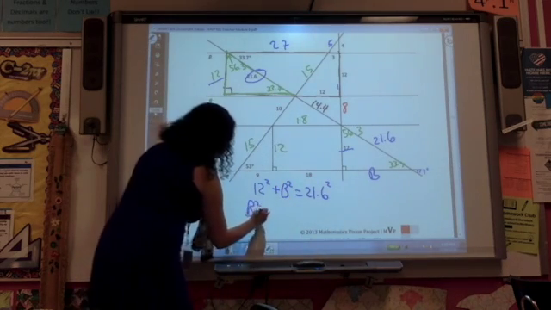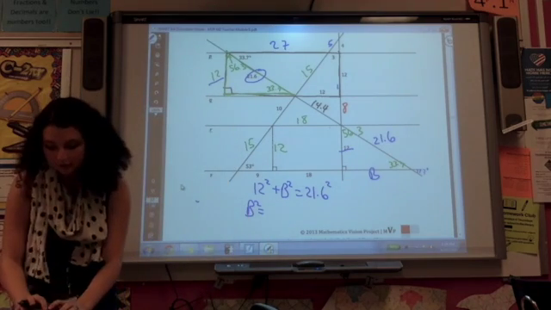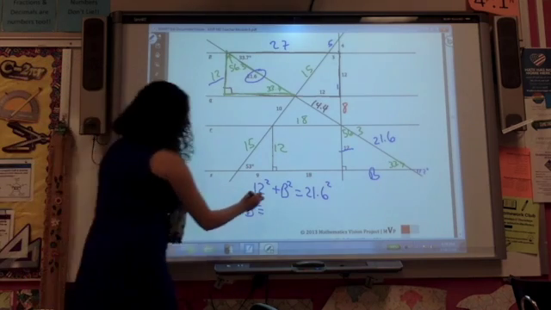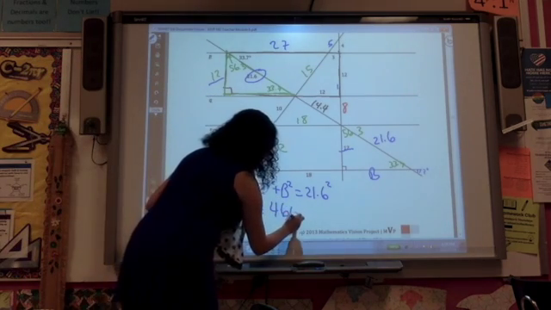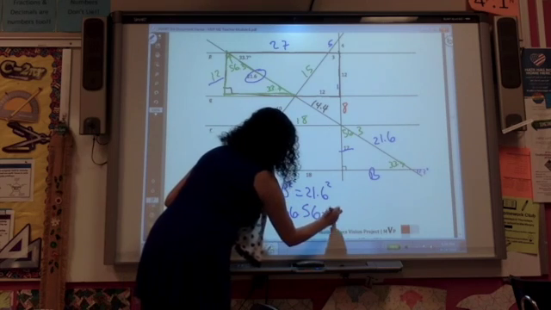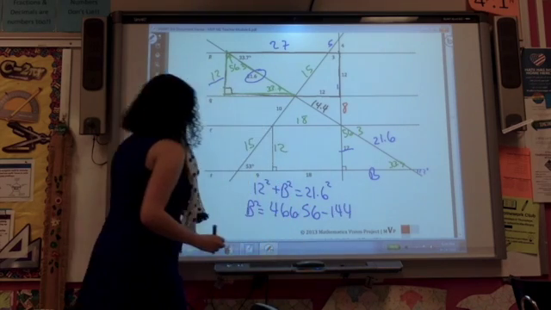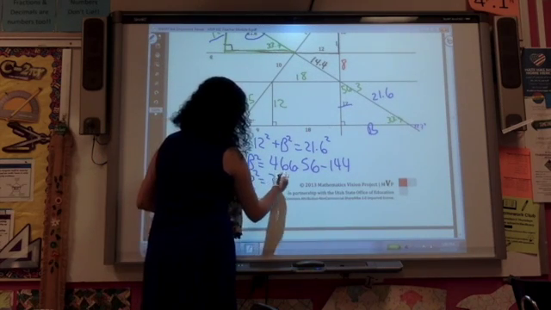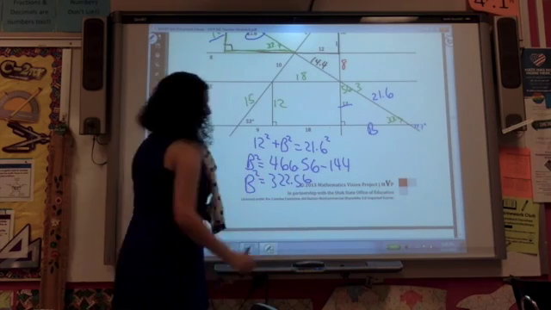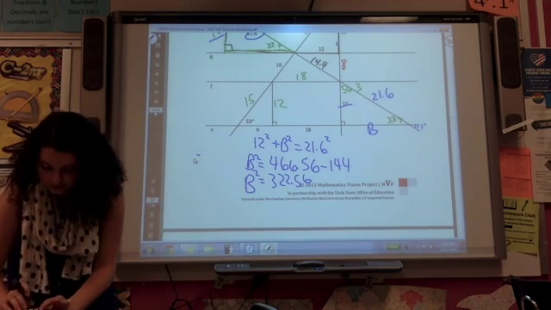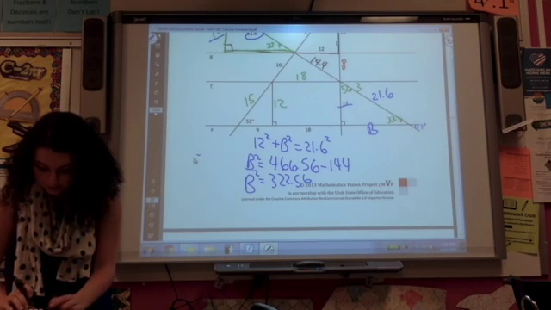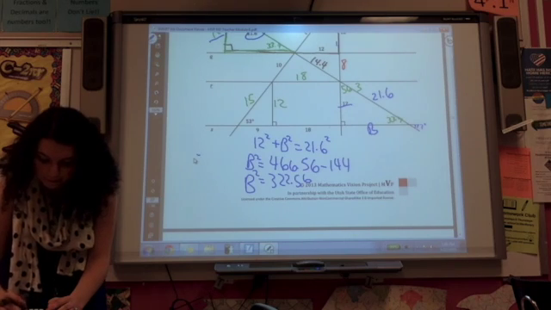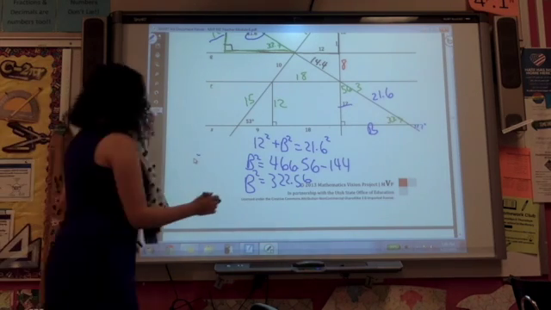So B squared is equal to 466.56 minus 144. That's going to equal 322.56. The square root of that is about 18.